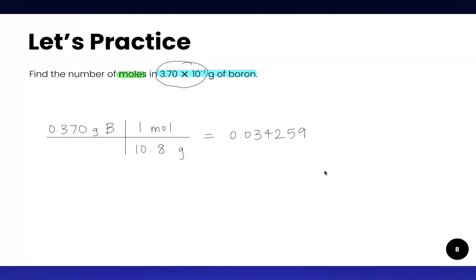And the unit that remains is mole. Moles of boron, actually. And now I just need to edit for significant figures. So there should be 3, 1, 2, 3, 5. We'll bump 2 up. So my final answer in scientific notation, I guess, is 3.43 times 10 to the negative 2 moles of boron.